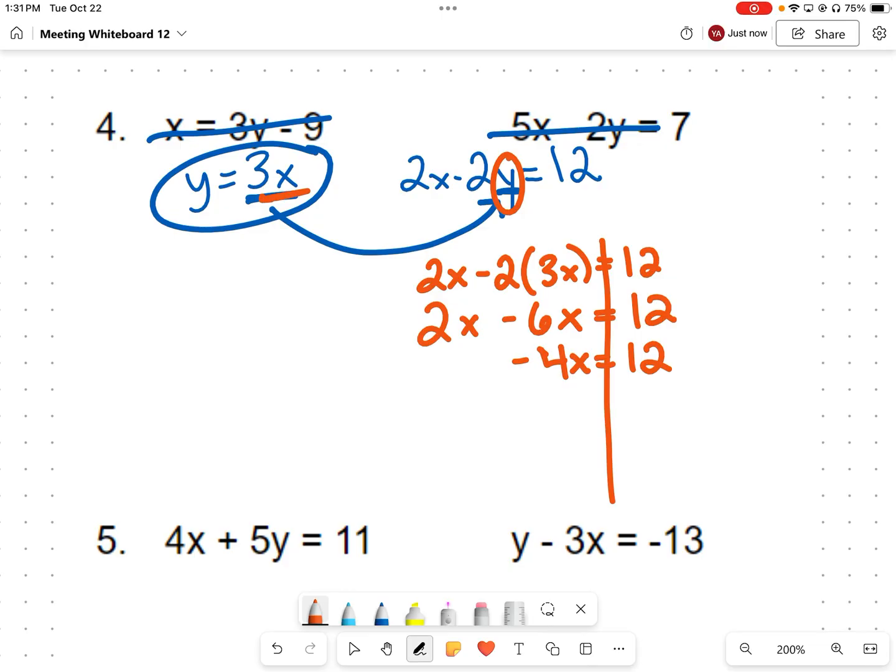Okay, now what do we need to do to get x all by itself? Divide by the number in front of x. Negative 3, yeah.